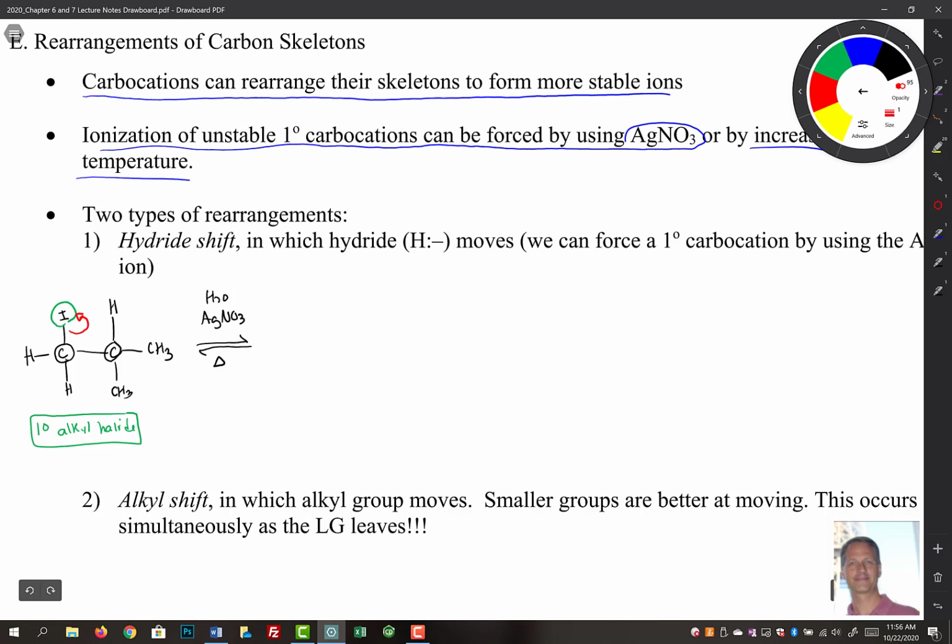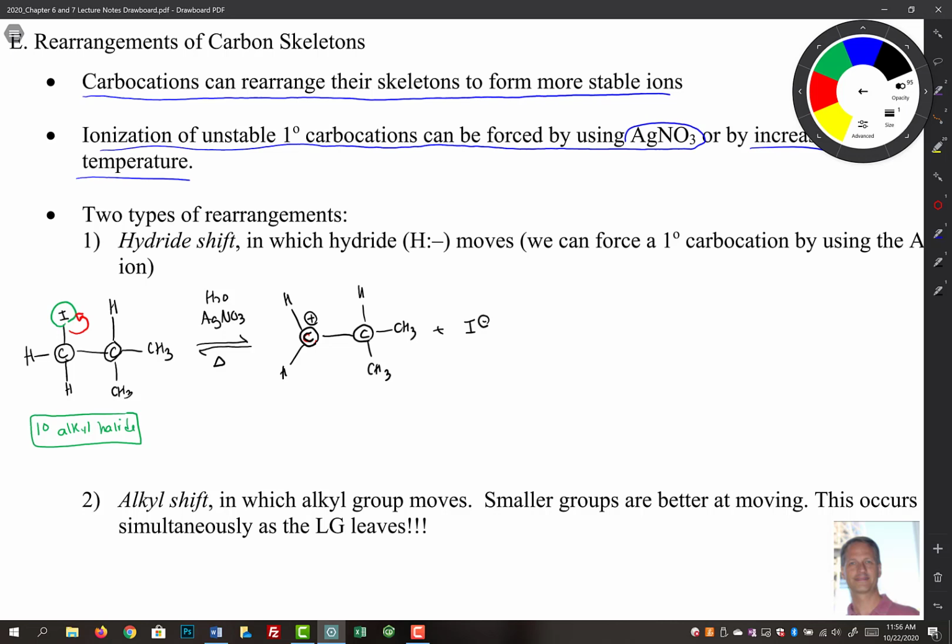So what this forms is our carbon here with an H, another H, and then a carbon with an H, a CH3, and a CH3. And that'll be a plus charge right there. And then we also make I minus.